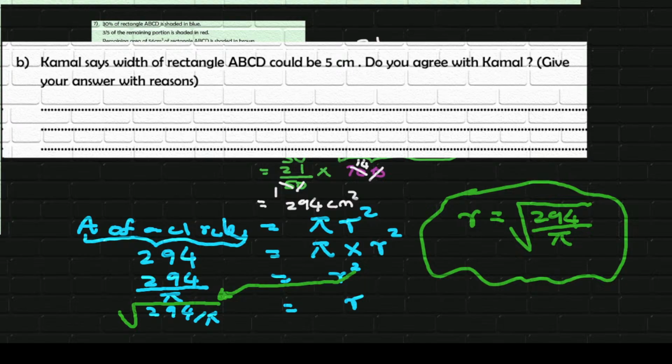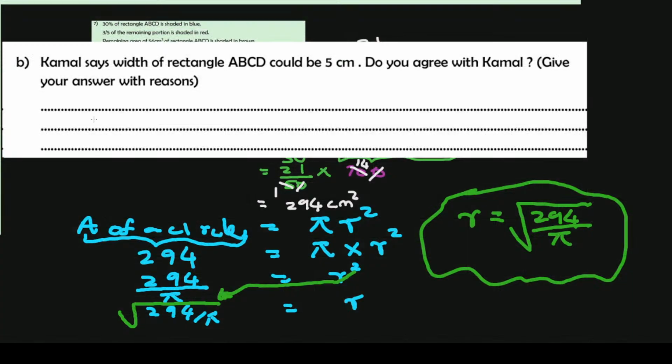Do you agree with Kamal? Right, let's see. Now, what Kamal is saying is the rectangle's width is 5. So let's draw that rectangle. We just put a sketch. He's saying the length is 5. Or rather, the width is 5. Now, is it possible?